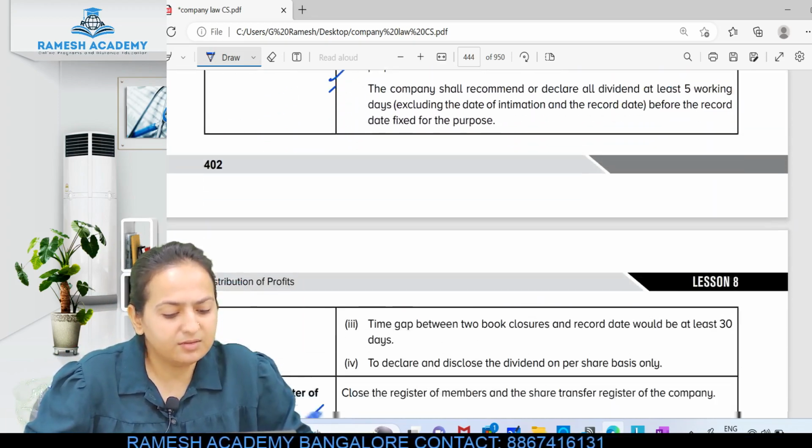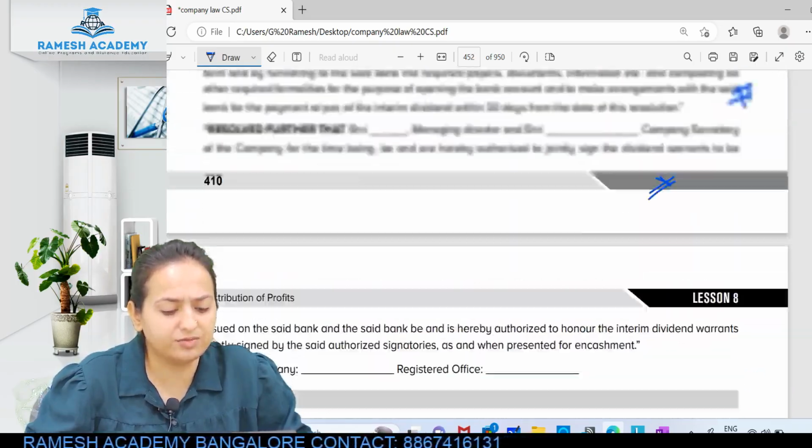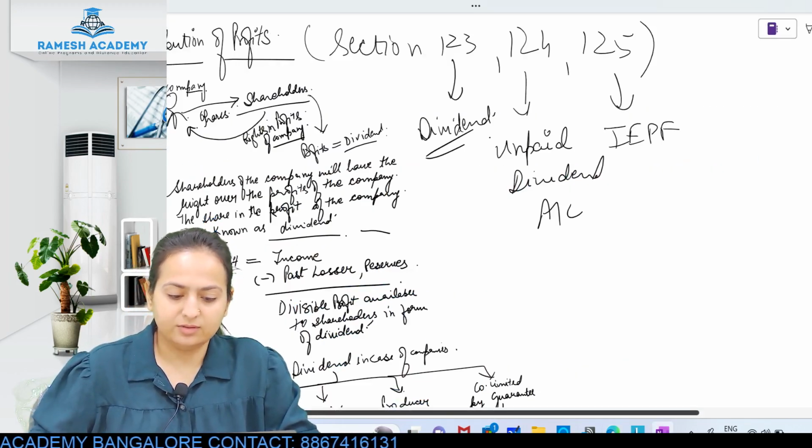Then we have studied some of the procedure regarding declaration of the final and interim dividend. So you can just write down this.